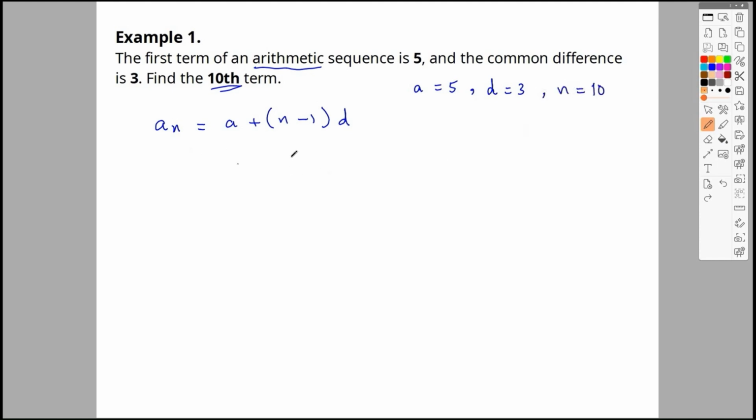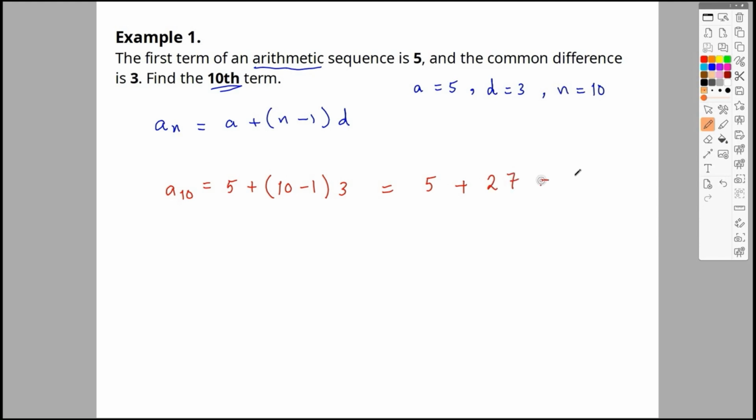Now let's solve the equation. a10 equals a, which is 5, plus n minus 1, which is 10 minus 1, times d, which is 3. So it equals 5 plus 10 minus 1 is 9, and 9 times 3 is 27.